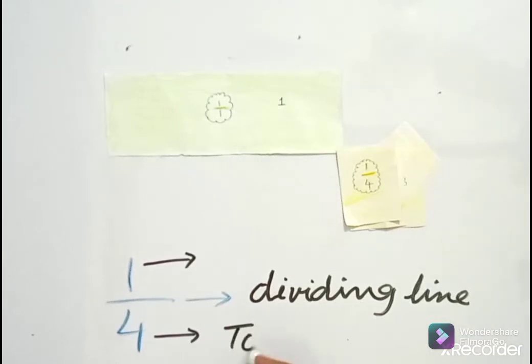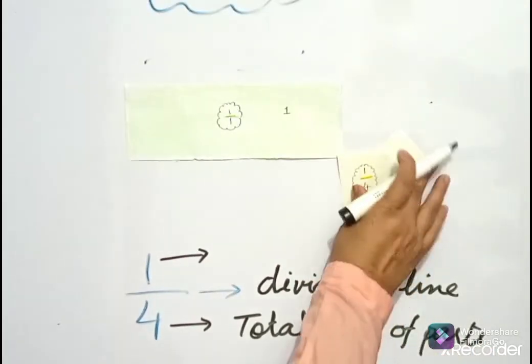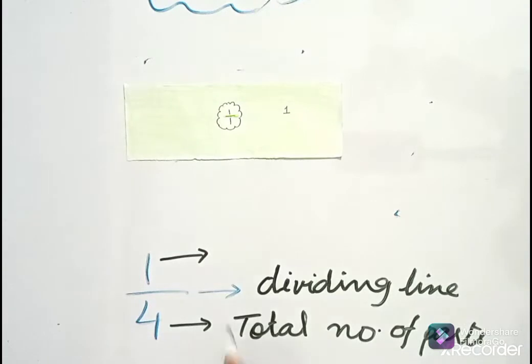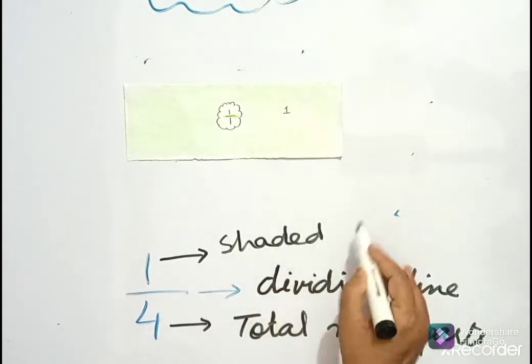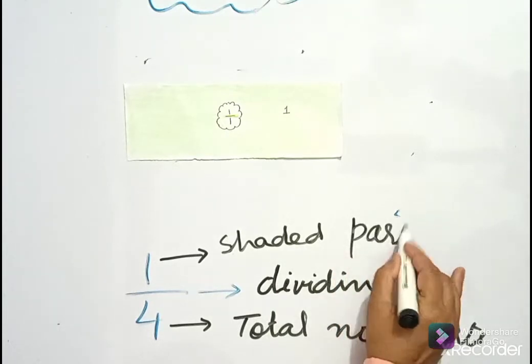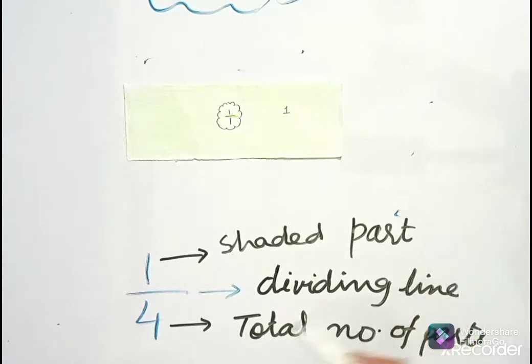So these are the total number of parts in a fraction. And 1 means the parts taken out or shaded parts. Here it is 1, that's why I am going to write part, otherwise parts.